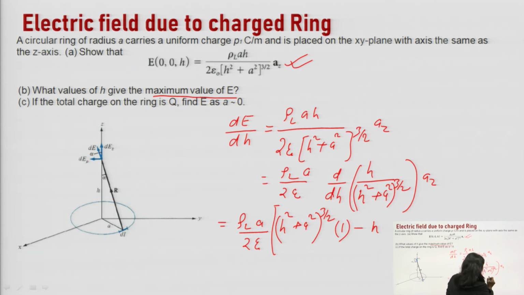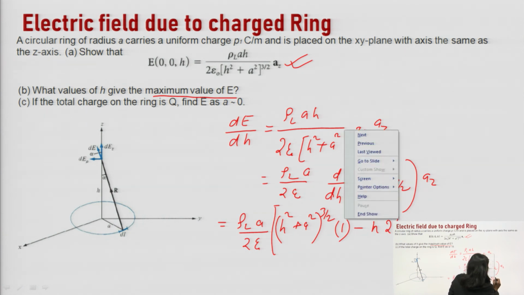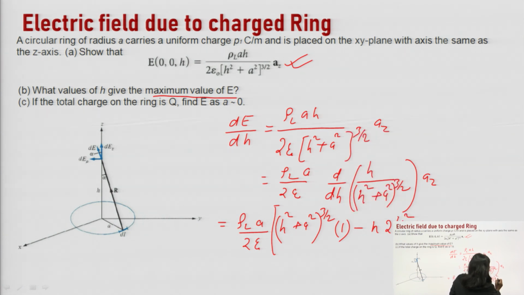So the differentiation of the second term will be 3 by 2, then 3 by 2 minus 1 means 1 by 2, so it will be 2 into h square plus A square to the power 1 by 2, and after that we need to differentiate h square also.